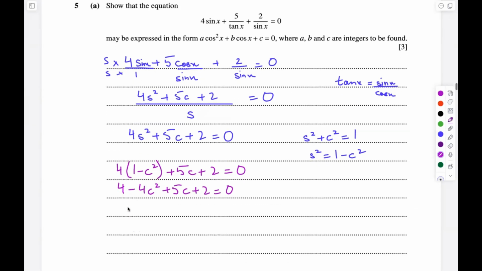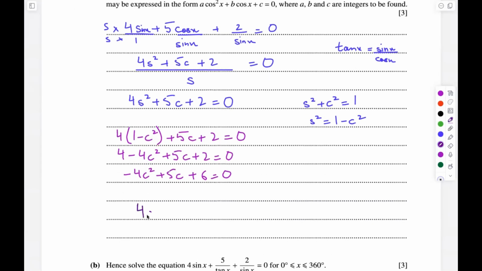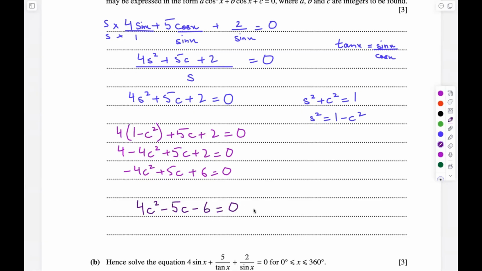So this will become minus 4 cos squared plus 5 cos plus 6 equals 0. Now, as we have to bring the cos squared term positive, we can change the sign and write it as 4 cos squared minus 5 cos minus 6 equals 0.